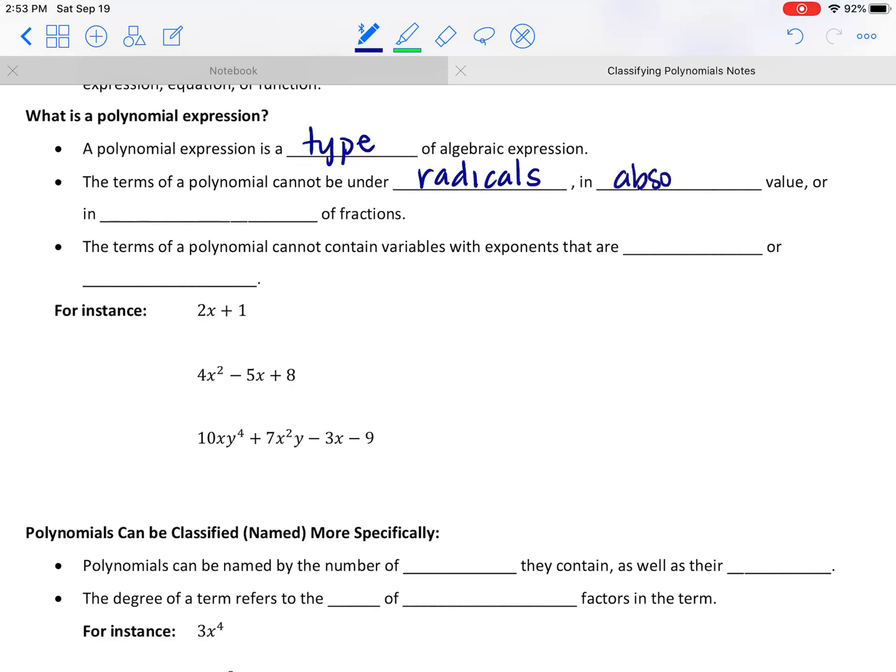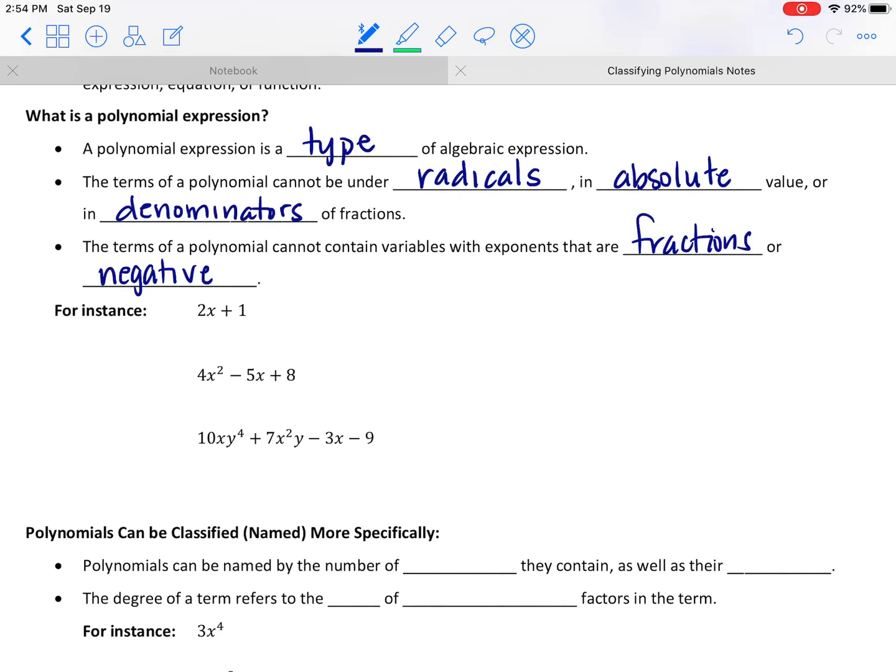They cannot be in absolute value symbols. They cannot be in denominators of fractions. And the terms in our polynomial cannot contain variables with exponents that are fractions. So I don't want to see any fractional exponents, or any negative exponents.